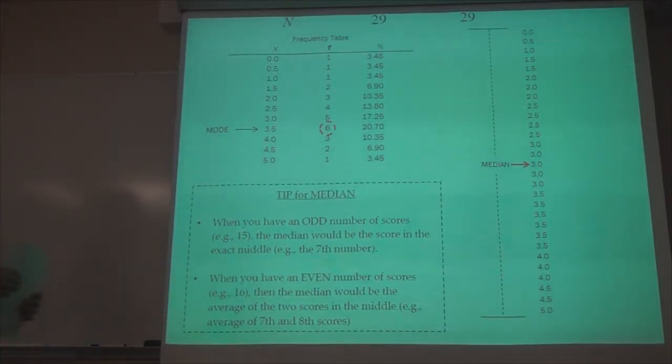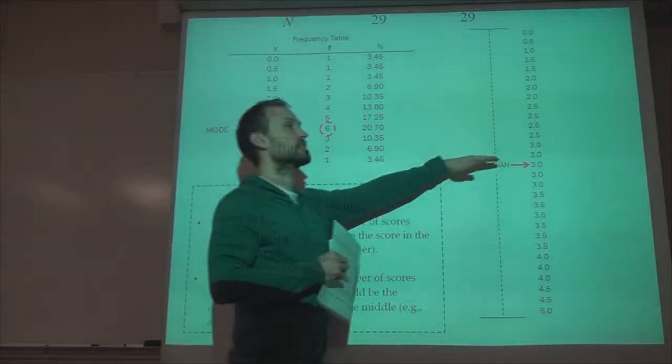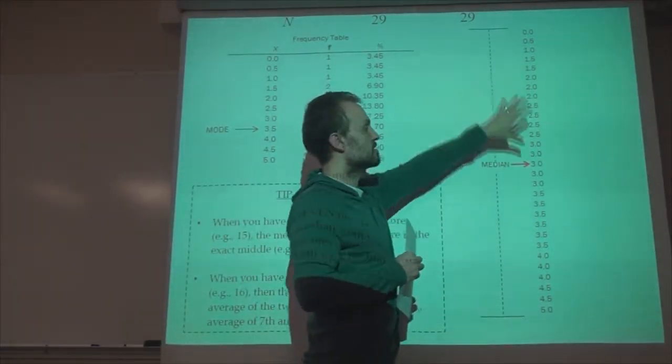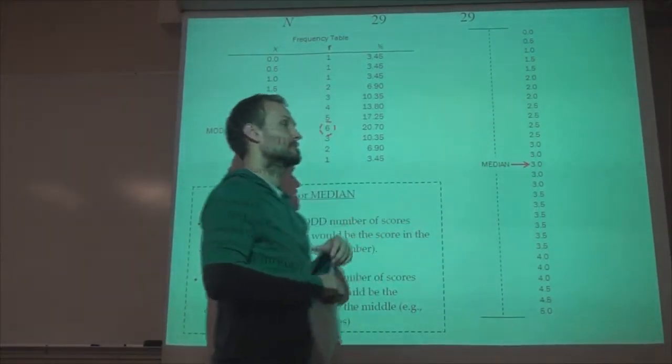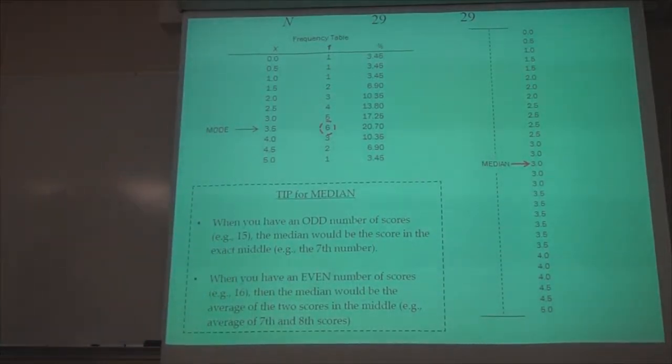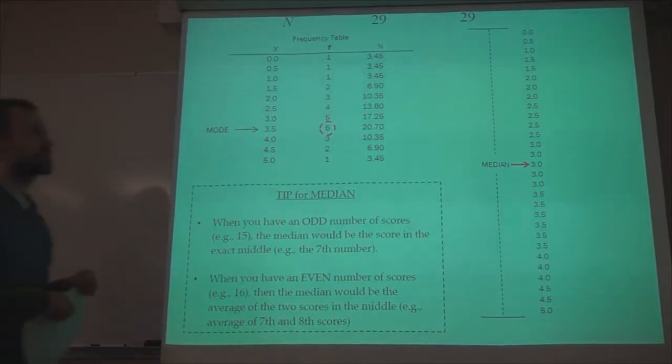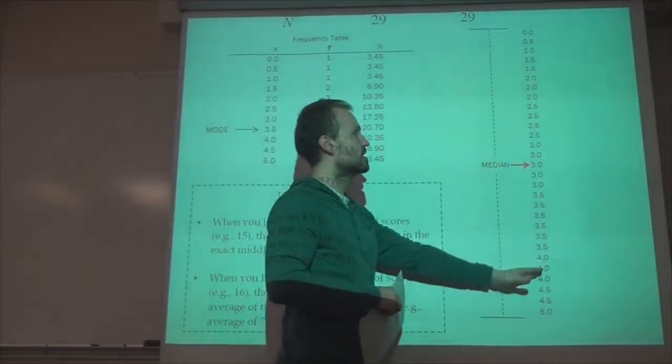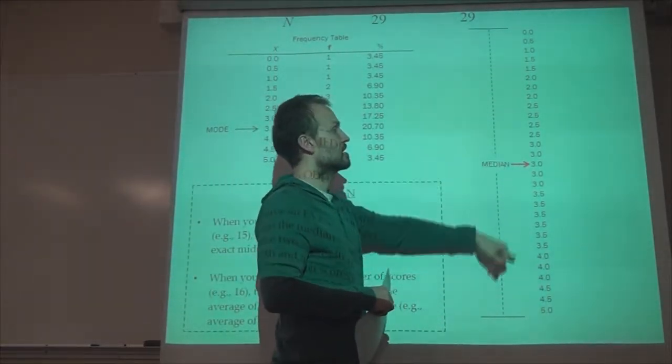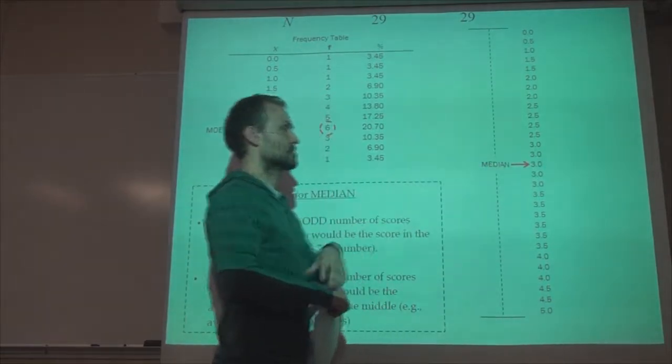So the value that sits in the middle is number 15. 14 above it, 14 below it, 1 in the middle. That's called the median. The actual center value. Regardless of what the scores are, the one that sits halfway in the list, that's called the median.